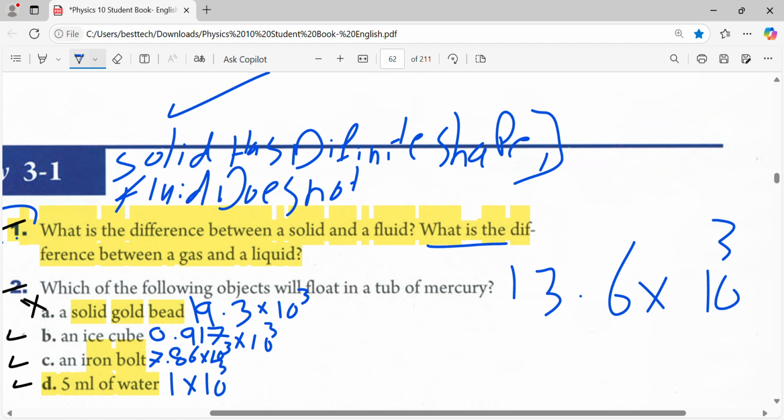The second part, what is the difference between gas and liquid? We have only one difference, the most important difference between liquid and gas. Liquid has a definite volume, while gas does not.